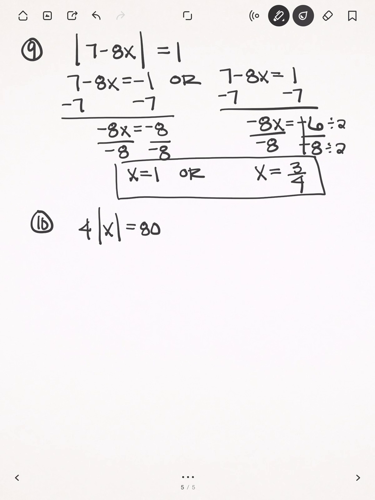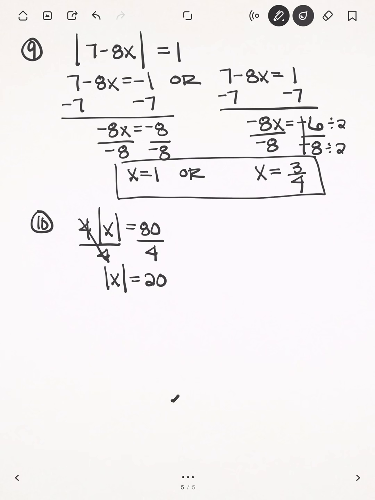So how would we get the absolute value by itself? What's the opposite of multiplying by 4? Well, you would divide by 4 on both sides. So if I divide both sides by 4, I'm going to get the absolute value of x is equal to 20. Now, I have absolute value by itself and it's equal to a positive number, so I'm ready to use my rule.